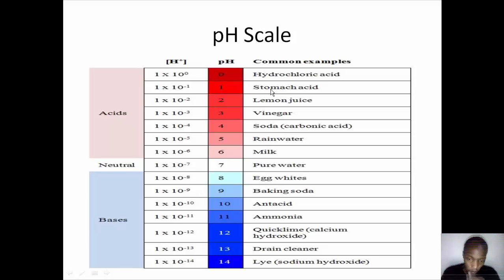Then you have egg whites, baking soda, antacids, ammonia, quicklime, drain cleaner, lime. These are your bases. You notice that I didn't mention 7 because 7 is neutral. 7 is your pure water, with nothing in it. That's your neutral. Everything lower than neutral is an acid. Everything greater than neutral is a base.